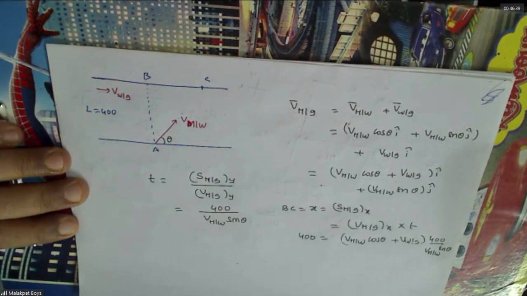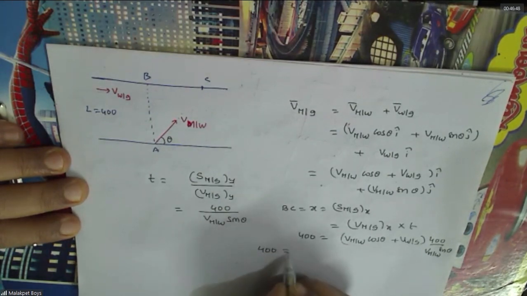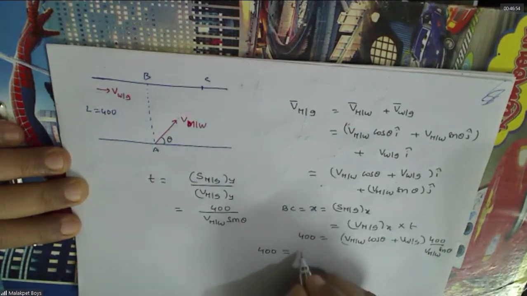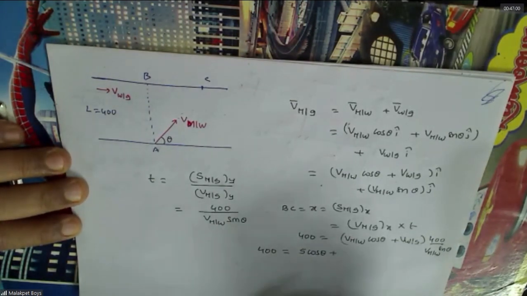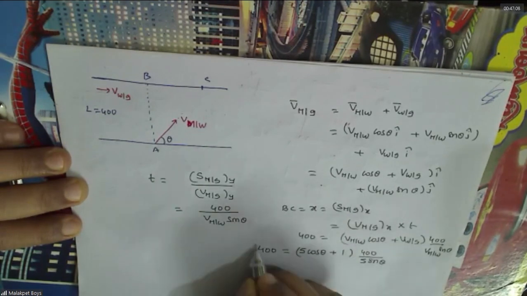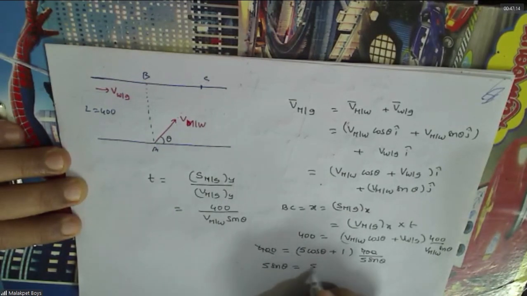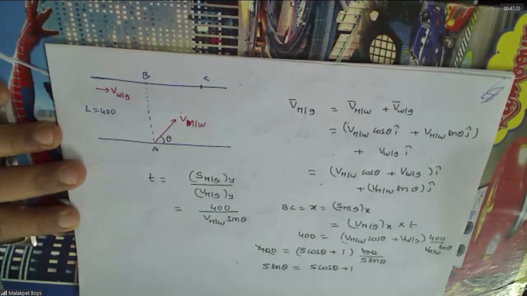He gave these values. Man with respect to water, how much is given? Values are given or not? 400, man with respect to water 5 kilometers per hour, sir. Which is 5 cos theta. Water with respect to ground, 1, into 400 by man with respect to water, 5 sin theta. This will get cancelled. Do you agree? So 5 sin theta equals 5 cos theta plus 1. Do you agree with this? Hello?